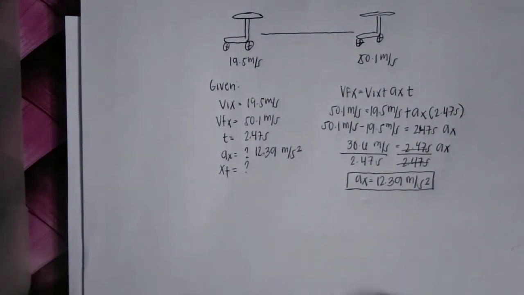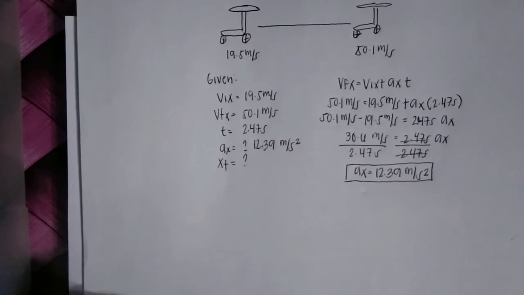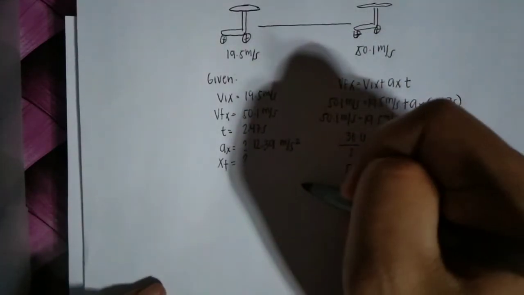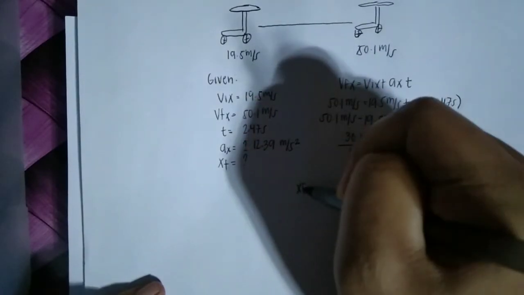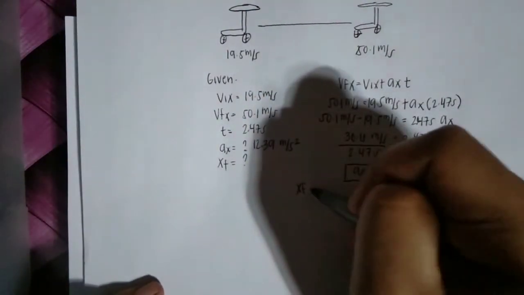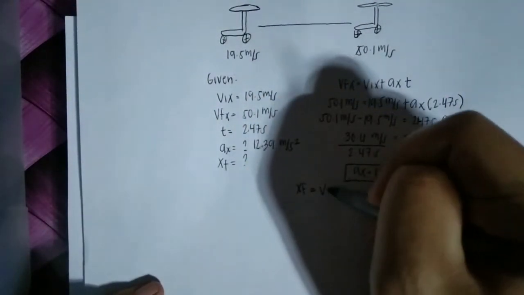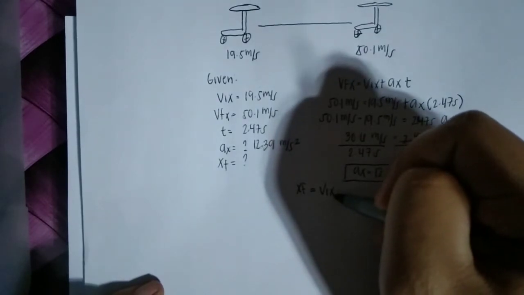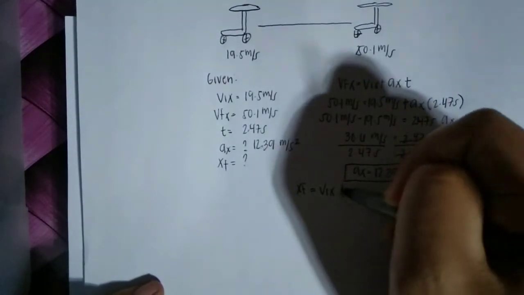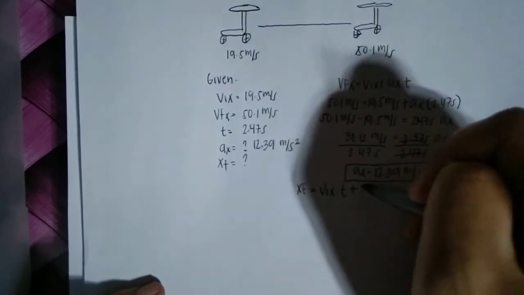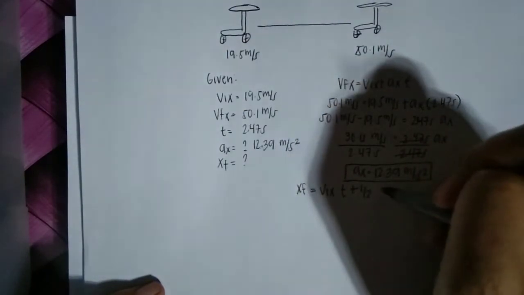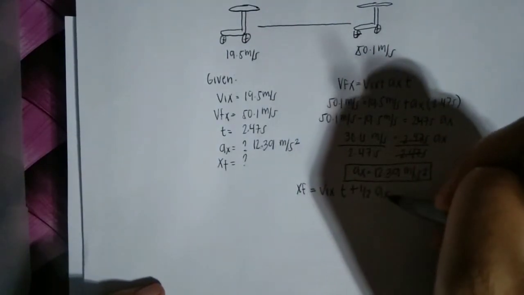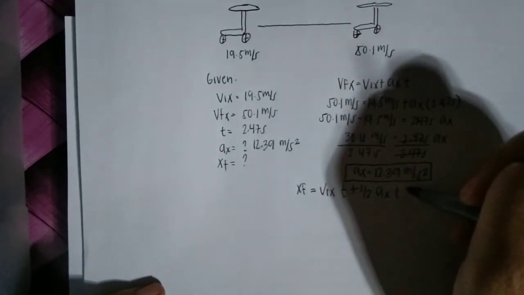Then now, hanapin na natin yung distance. So, ang formula for distance ay xf is equal to Vix or the initial velocity times time plus 1/2 times acceleration times time squared.